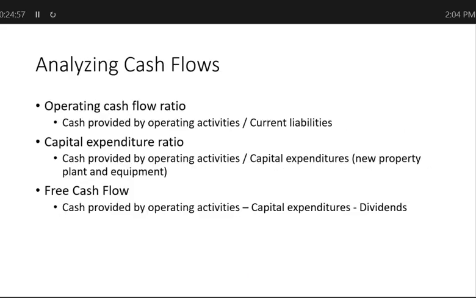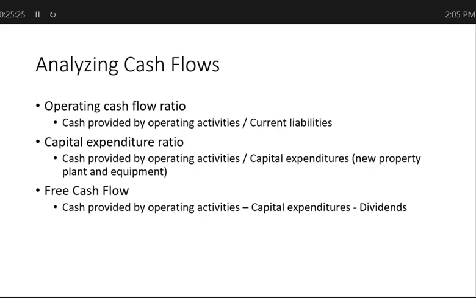To wrap this up, we need to have some understanding of what the cash flow is telling us. We know that cash flow from operations, we want it to be positive. We want it to indicate that we are a healthy company providing enough cash that we can pay our bills, that we can invest it in other things, that we can pay off our loans, all that type of stuff.